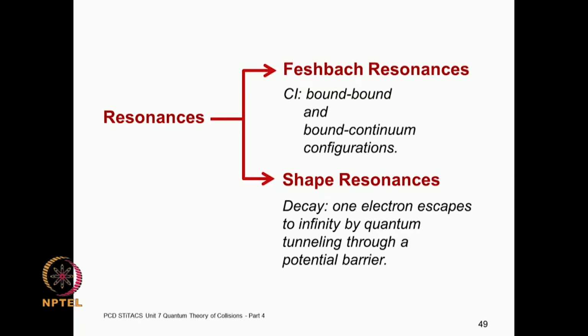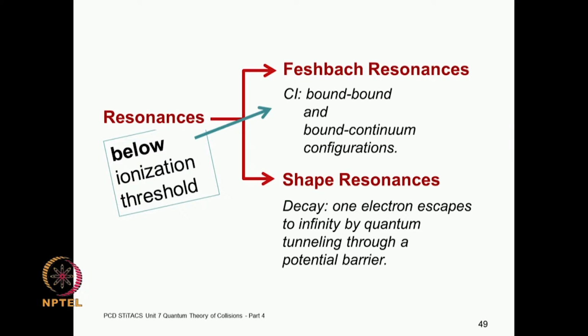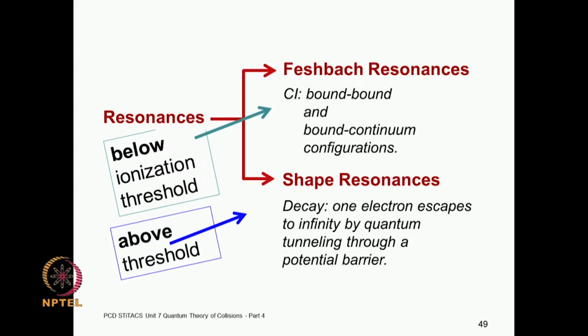This is when the electron can tunnel through a potential barrier, and then finds itself exposed to 2 different alternative states, one trapped in the inner well and the other after tunneling through the barrier. Feshbach resonances will therefore occur below the ionization thresholds, whereas shape resonances will be above the thresholds. In both cases you undergo a phase shift through pi as you go through the resonance.